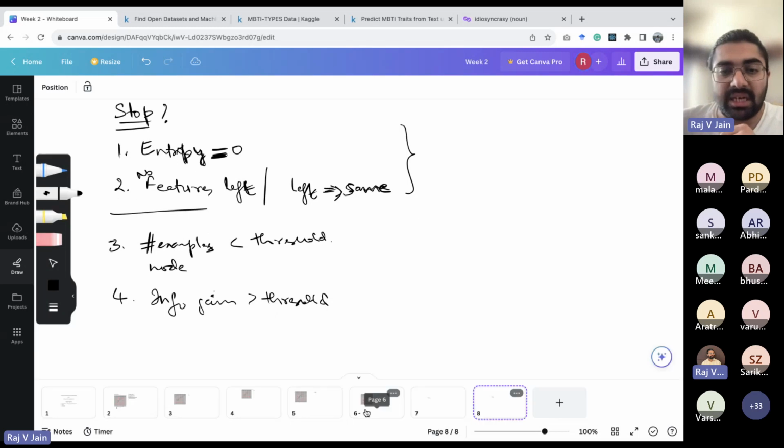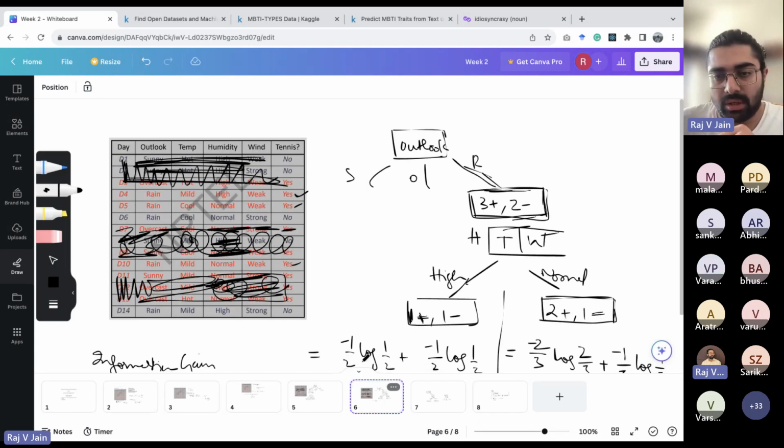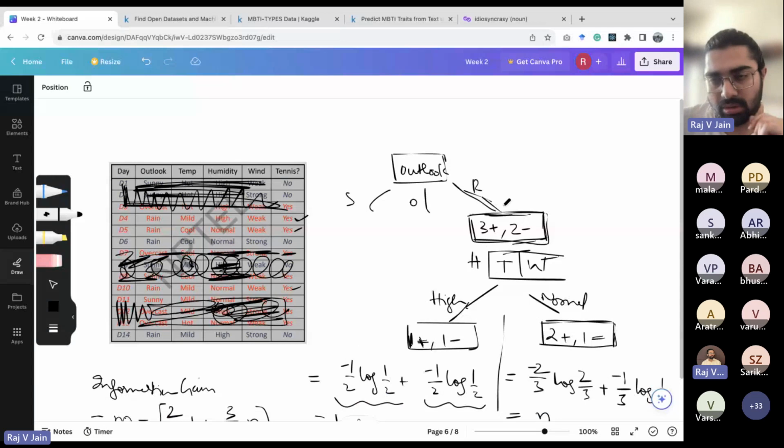Yeah. So that is basically, let's say, in this example, when we're looking at the outlook variable. Now I will say, okay, go ahead and expand a node, I mean, look at the children of that node, only if, for example, the number of samples, the number of rows that come under that node, is more than some value, right? So let's say I had kept the threshold in this case to be 6, then I will not expand this node at all.